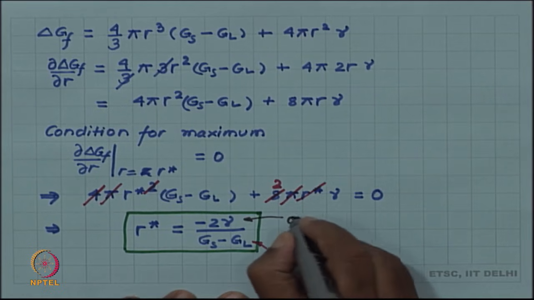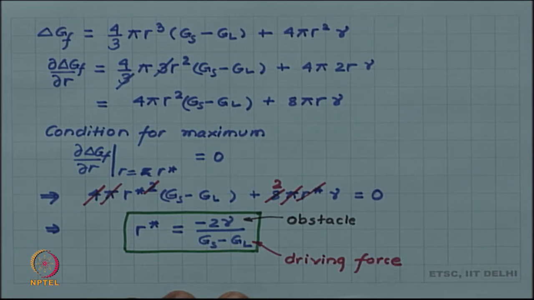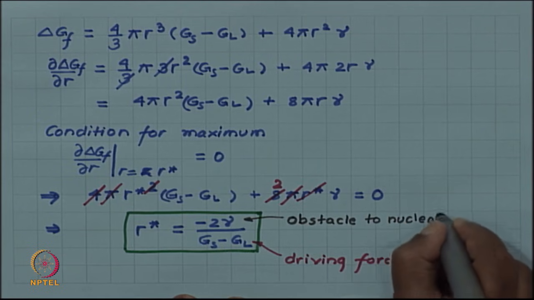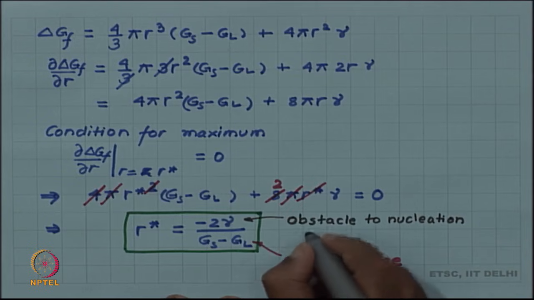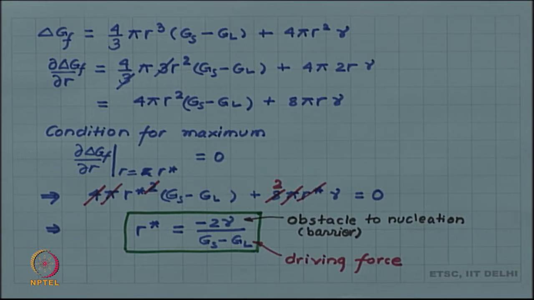So, this is in a kind an obstacle to nucleation, or barrier you can call. So, larger is this barrier, larger is R star. This is again understandable, because if more is the barrier, nucleation becomes difficult, and that is reflected in the fact that you have to assemble a larger number of atoms now, make a larger radius of ball for nucleation to happen.